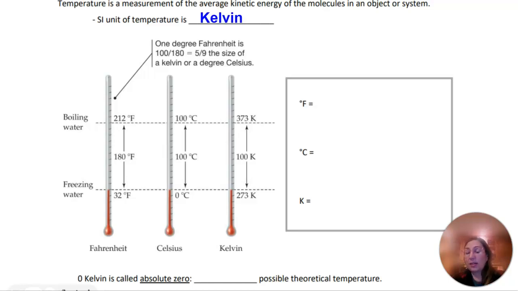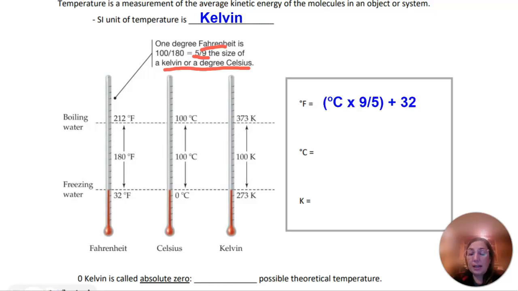So we've got to sit back and talk about temperature scales for just a little bit. One degree of Fahrenheit is not the same as a Kelvin or Celsius. An increment in Kelvin or Celsius is the same, but a Fahrenheit degree is 5/9 of that. That makes for some really annoying conversions for Fahrenheit, let me tell you.